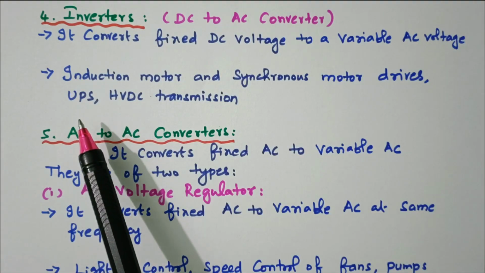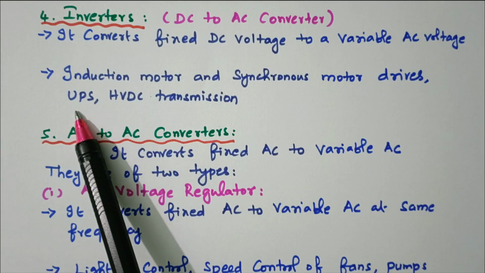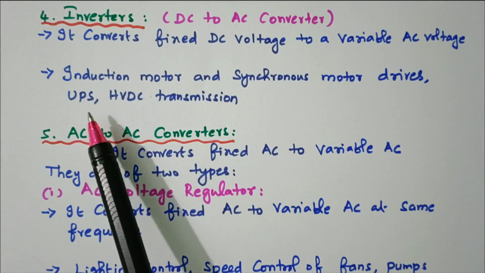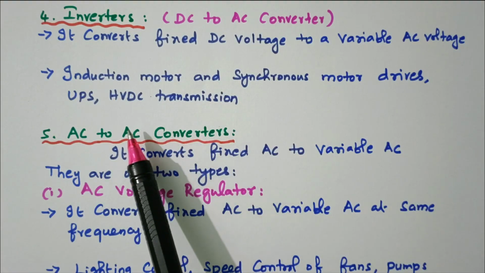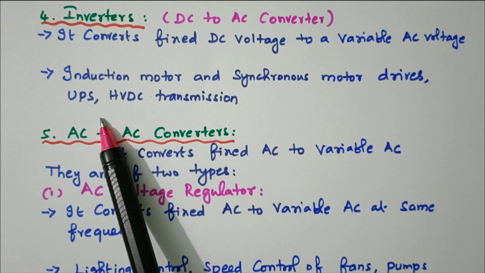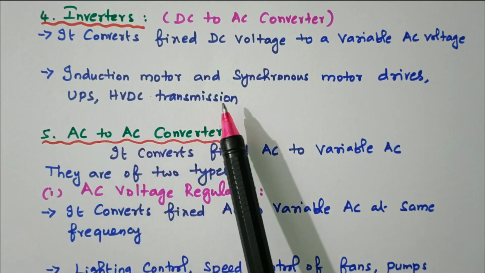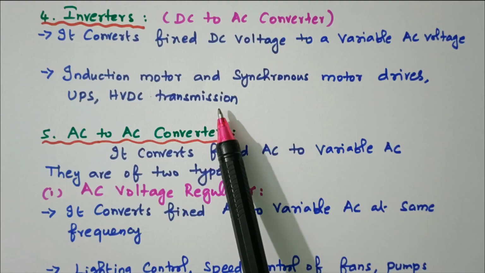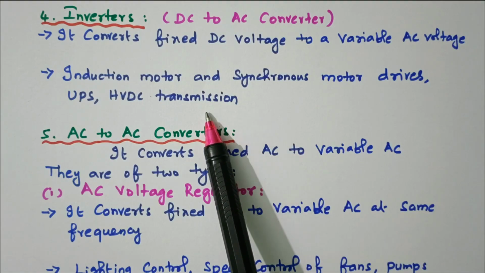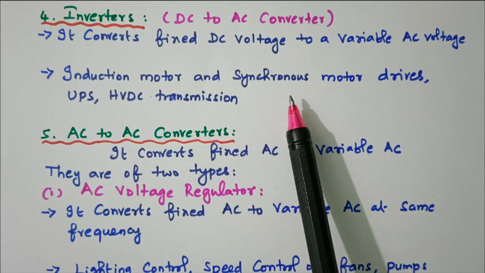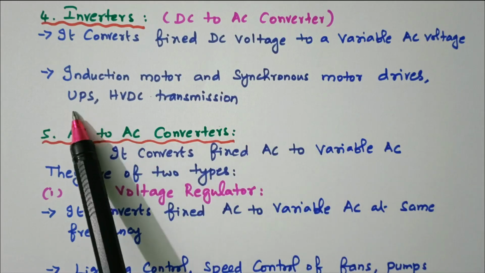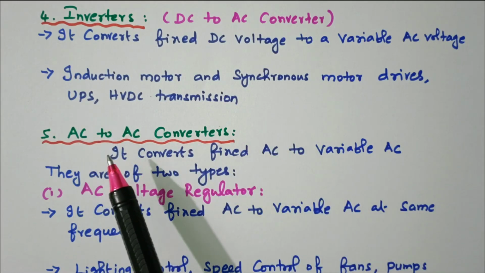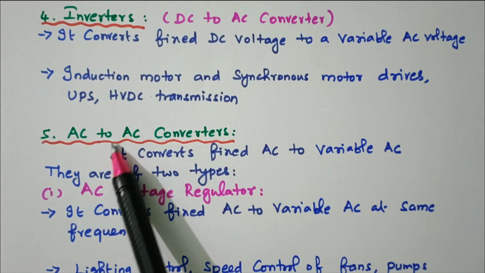When supply is not available, the power stored in the battery is DC, that is converted into AC, that can be consumed during the power failure. So when power is available, AC is converted into DC, stored in battery. When power is not available, DC is converted into AC and consumed in the industrial or domestic application. That is a UPS. So UPS contains both inverter as well as converter.